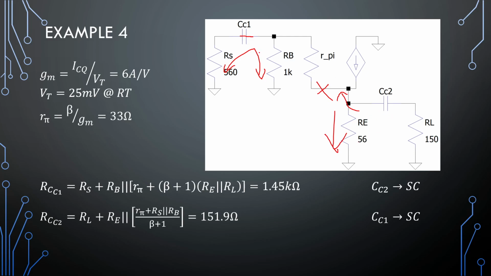And that final result plus our load would be our impedance seen by CC2. So R load plus RE parallel to this parallel combination plus R pi over beta plus 1 should give us 151.9 ohms. And that is it for the common collector analysis.